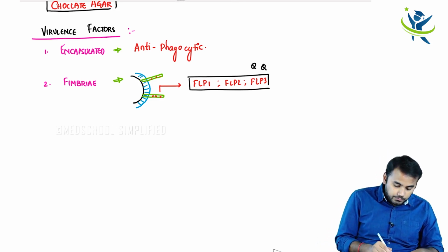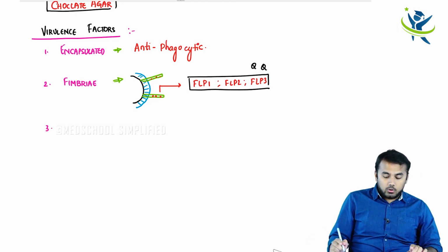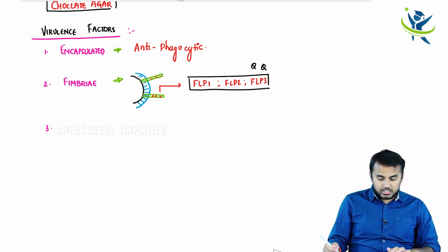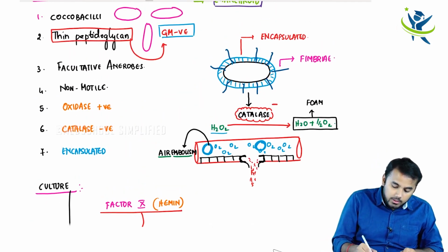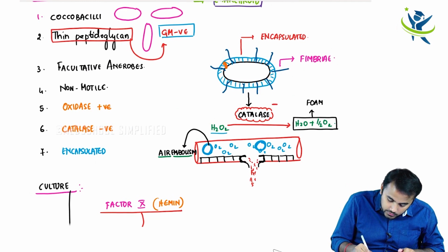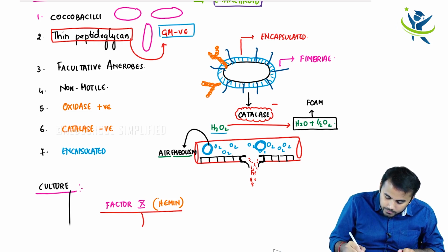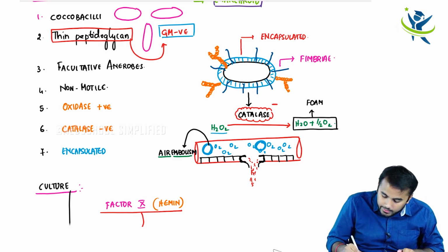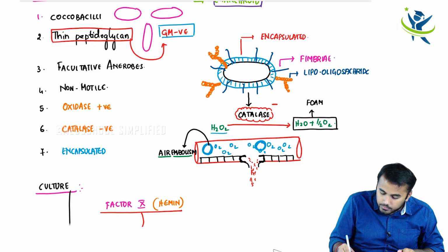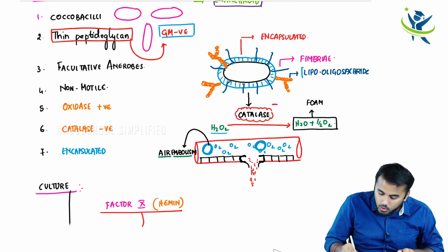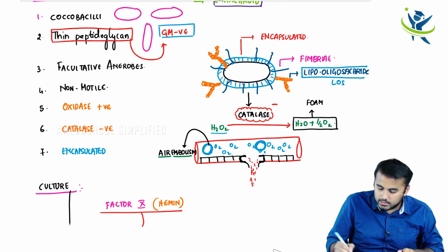Third important thing is that surrounding this bacteria, there is also a special structure like this. Look at this now. You see this structure here? This structure which I'm drawing right now is called lipo-oligosaccharide, that is LOS, right?